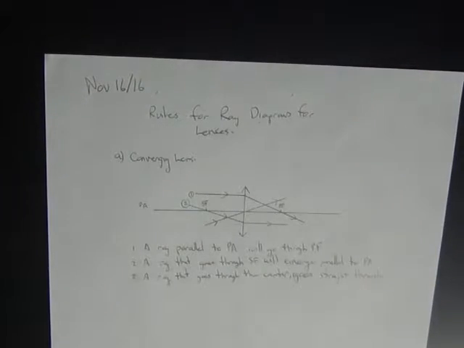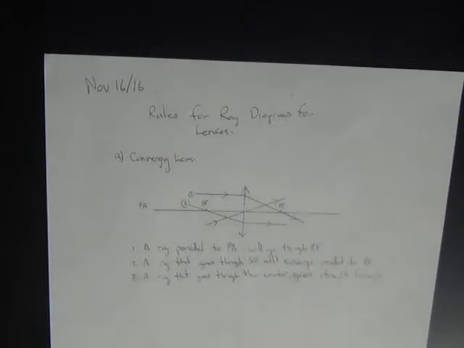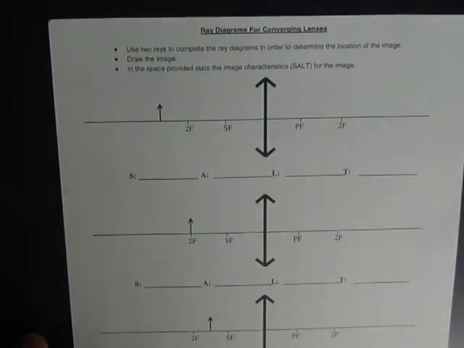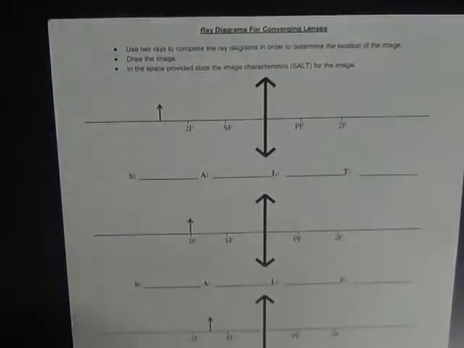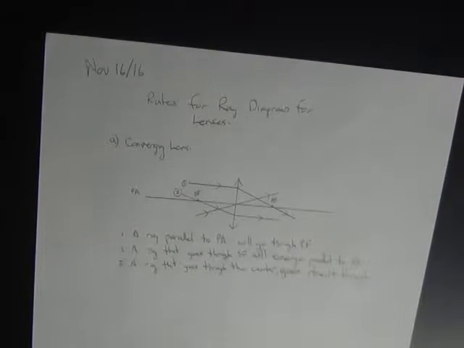So again, just like we did for mirrors, we're imagining what happens if I take a lens like this that's converging, and I have an object like maybe this container with pencils far away beyond the 2F.